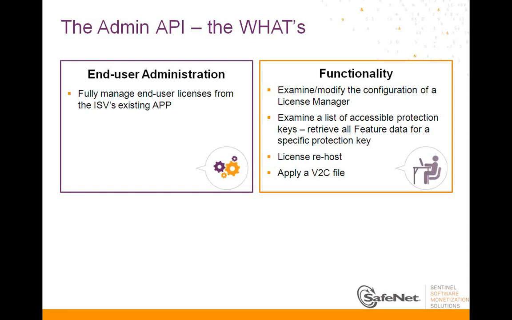One can examine a list of accessible protection keys, retrieve all feature data for a specific protection key, etc. It is possible to detach a protection key from one computer and attach it to a different computer. And of course, as explained earlier, you can apply updates in the form of a B2C file.